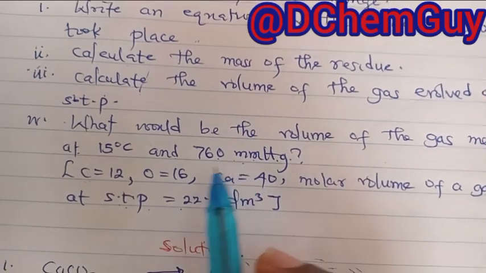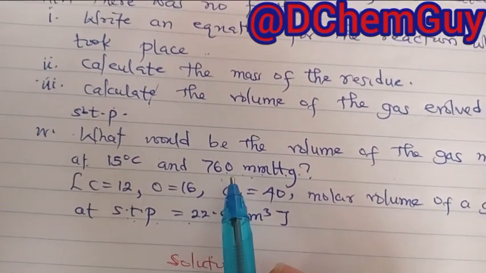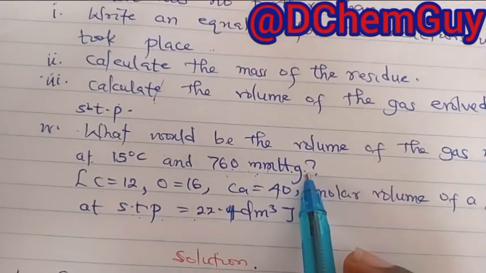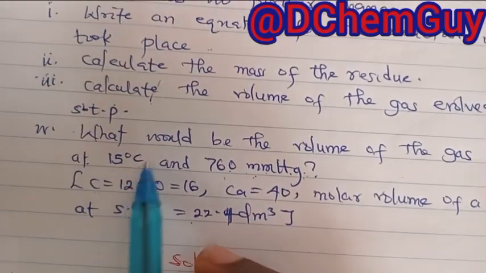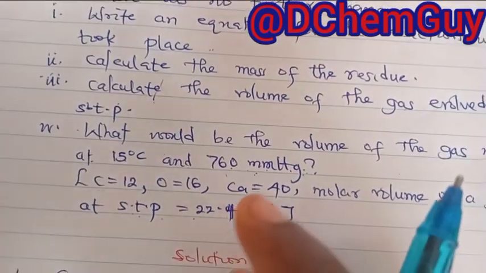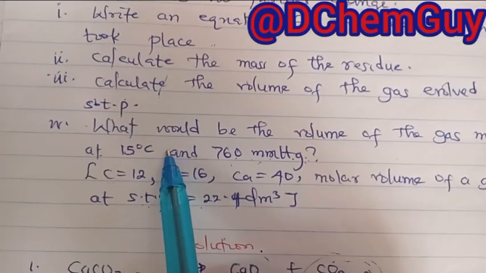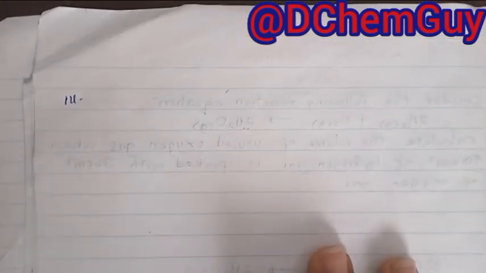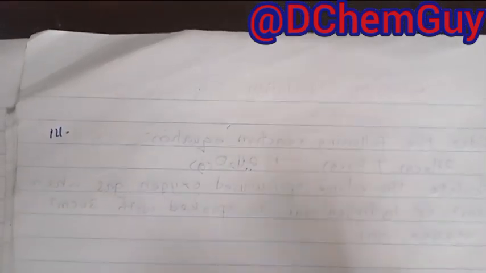Standard pressure is still 760 millimeter of mercury, but the temperature has changed. So we are going to use the relationship between volume and temperature to solve this problem.